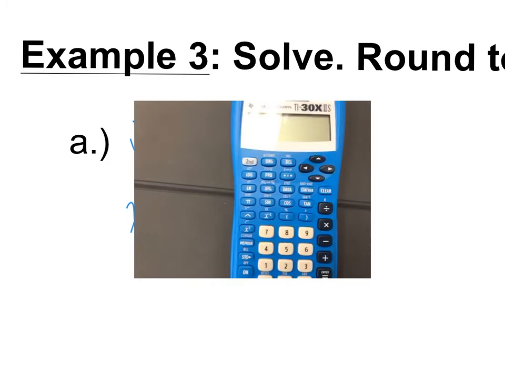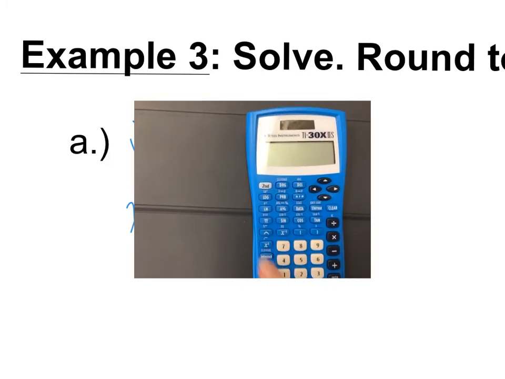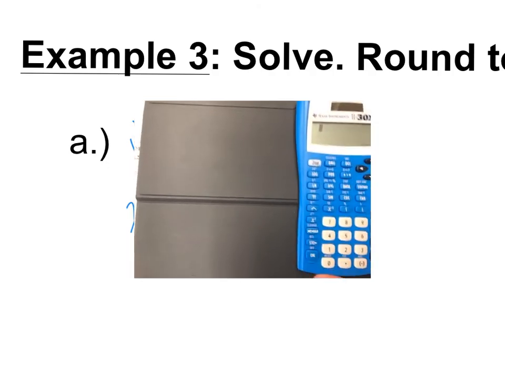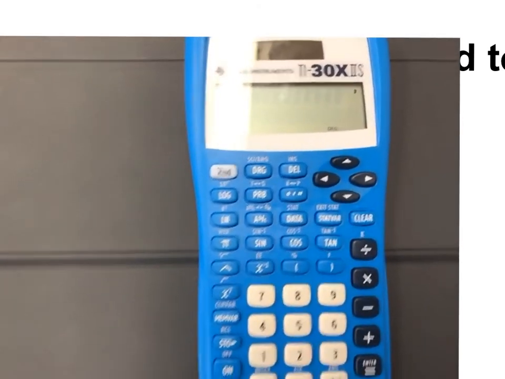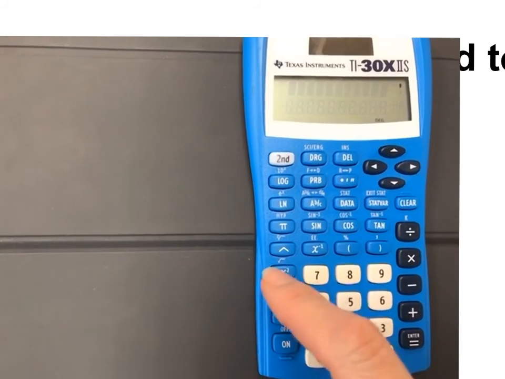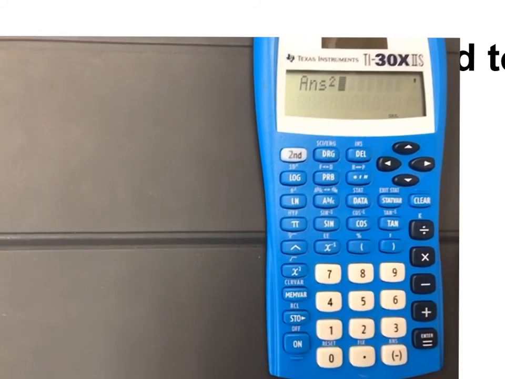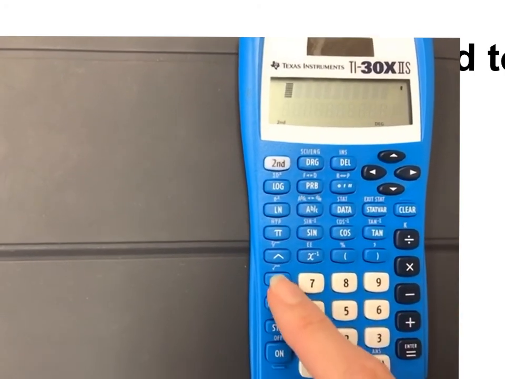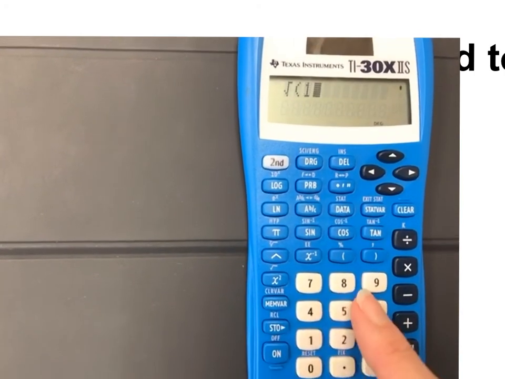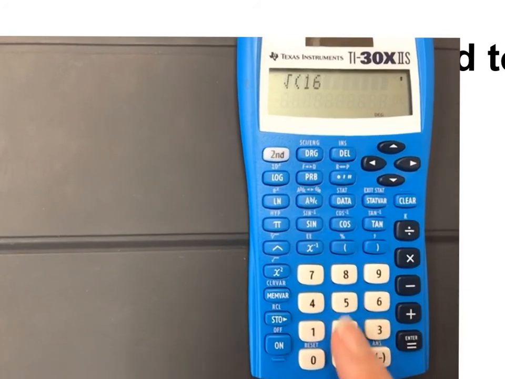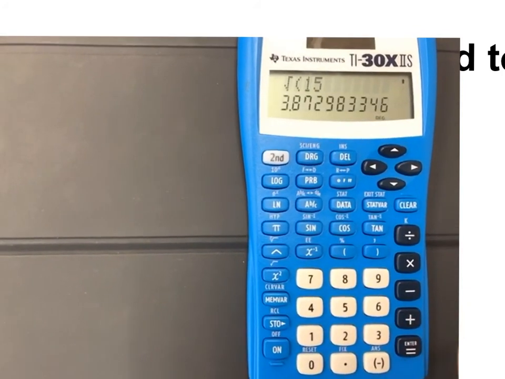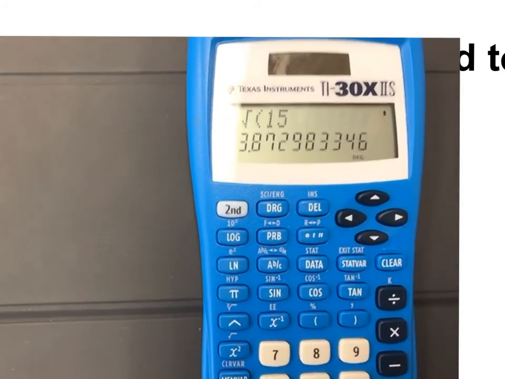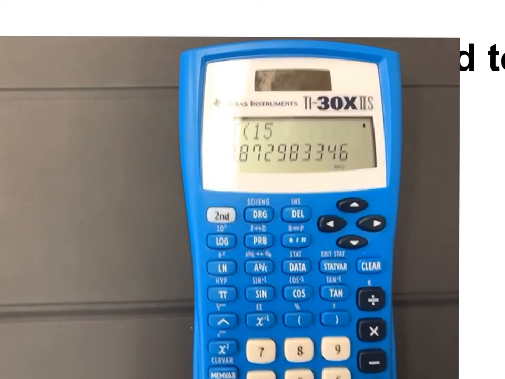You would have to figure out the square root of 15, and by doing that, you're going to press the square root symbol, which is above the x squared, and then you're going to do 15, not 16, 15, and you press enter, and it's going to give you the decimal itself.